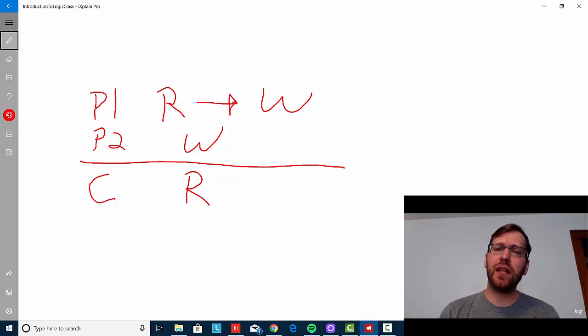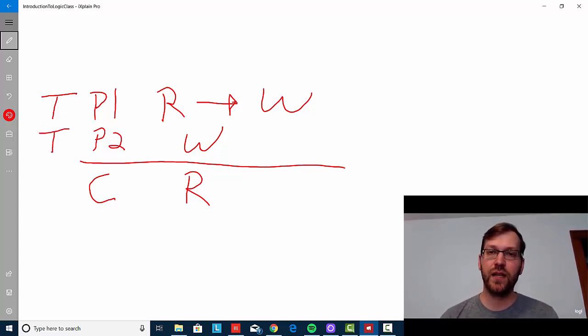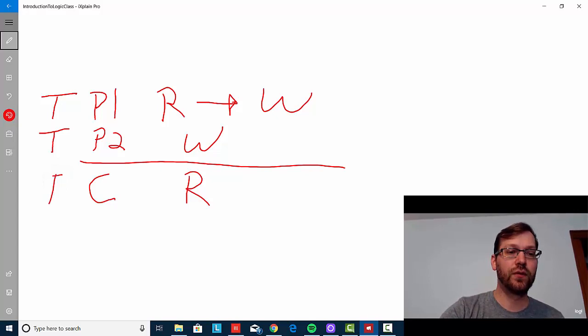Well, should we believe then that it rained? You might think so, and a lot of people are in fact confused into thinking that this is a good argument, that the evidence being given actually shows that the conclusion has got to be true. The problem is, even if it's true that it raining outside will guarantee that the grass is wet, and even if it's true that the grass is wet, it can still be false that it rained outside. Why?